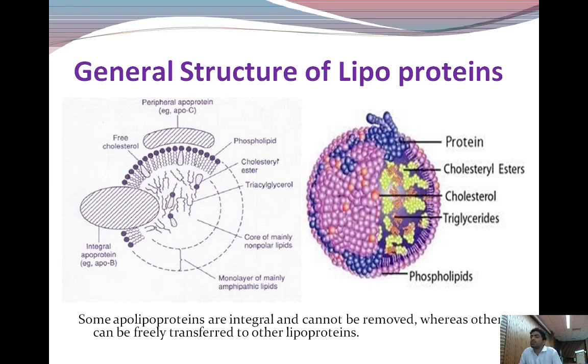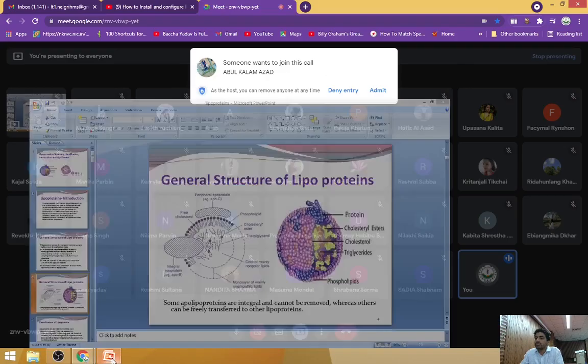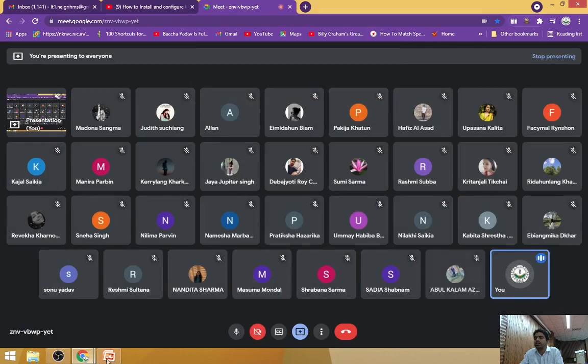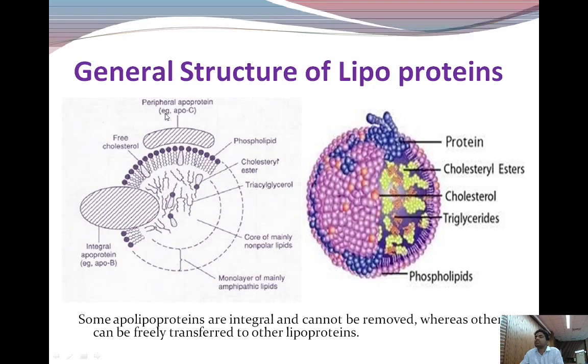Examples are ApoA, ApoB, ApoC. Some apoproteins are integral and cannot be removed, whereas the peripheral surface apoproteins can be exchanged between different lipoproteins. So this is the general structure of lipoprotein.